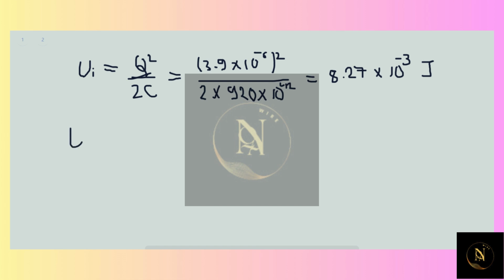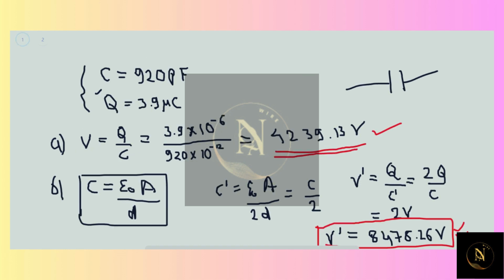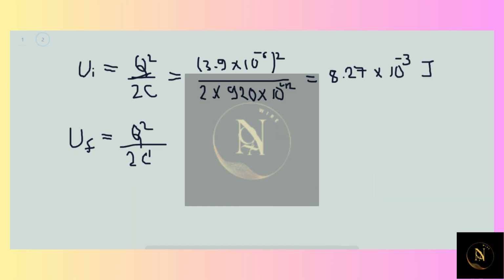And the final potential energy, after the plate separation has become 2D instead of D: since the charge is kept constant, we have Q square divided by 2 times the new capacitance C prime.